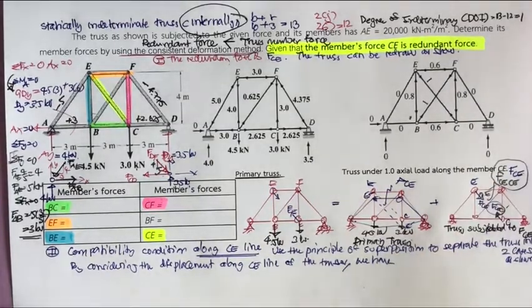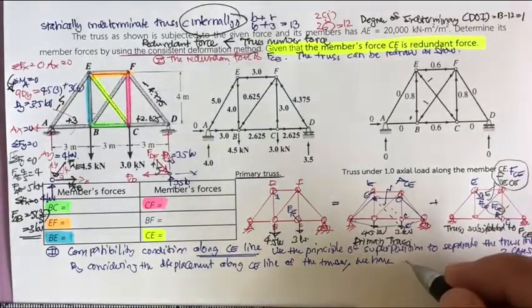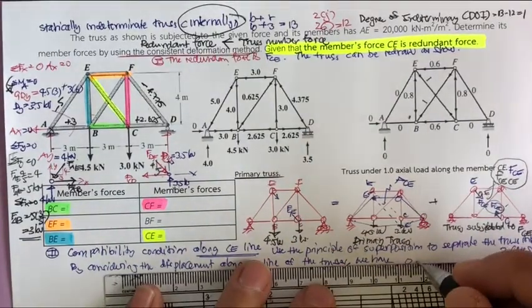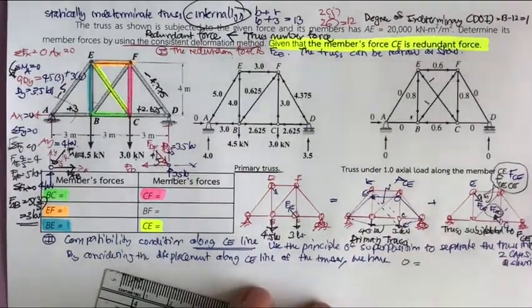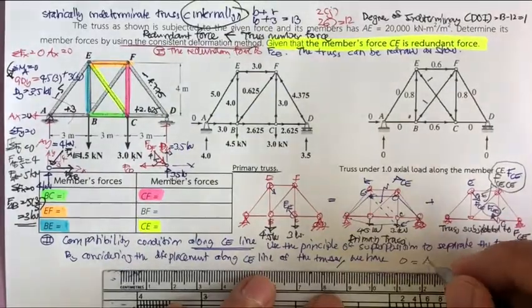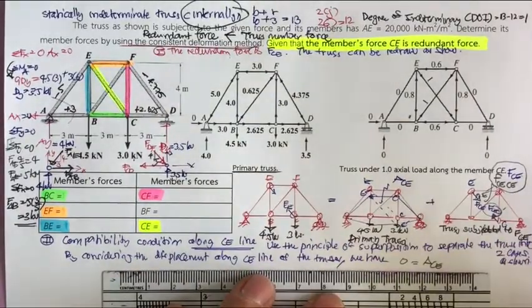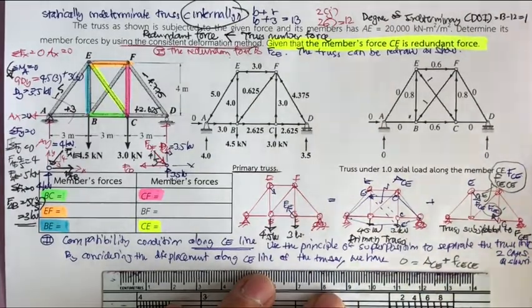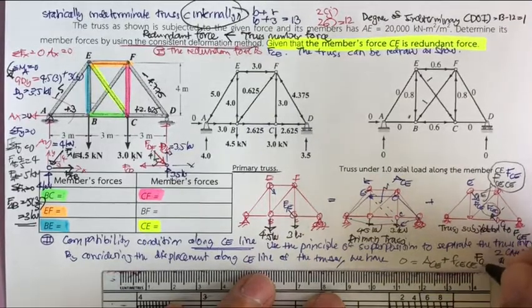Now, what we have is 0. This is equal to 0, equal to this one, delta sub CE, plus this one, F sub CE CE, times the redundant force.